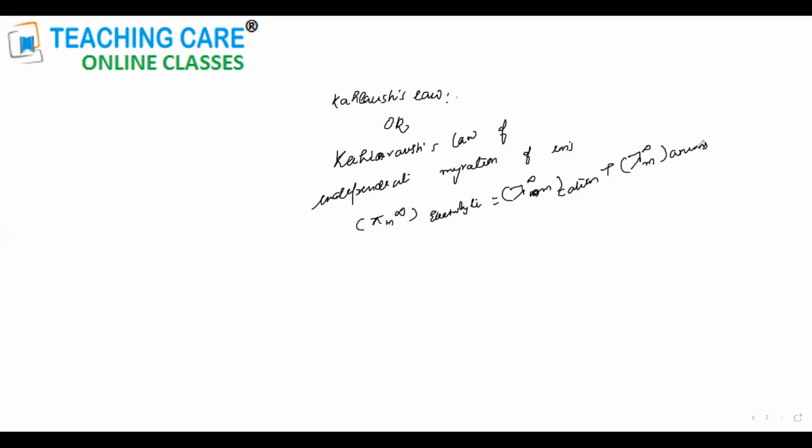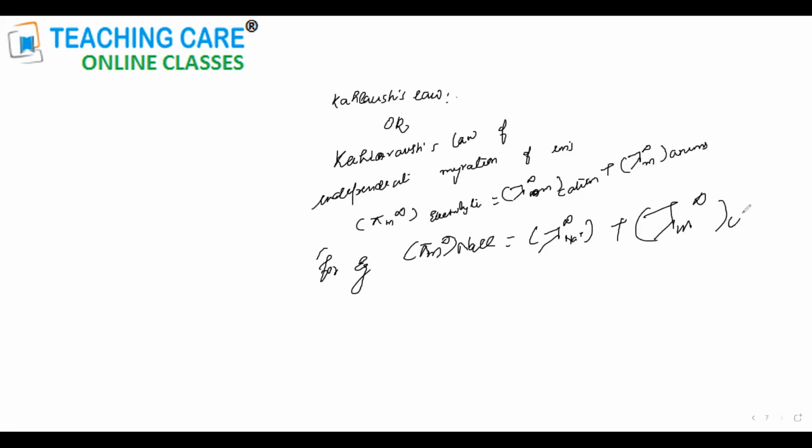For example, the molar conductivity of NaCl, by applying Kohlrausch's law, can be written as the molar conductivity of Na plus plus the molar conductivity of Cl minus.